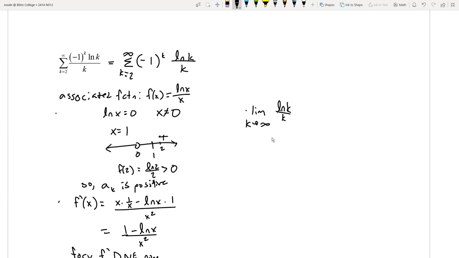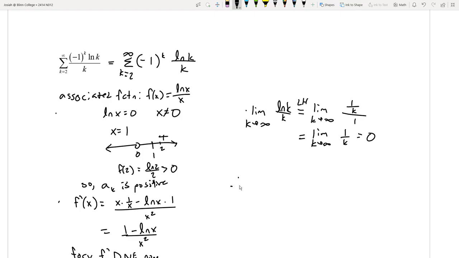So we need to figure out then what exactly is going to happen here. We've got infinity over infinity. Let's go ahead and use L'Hopital's rule. When we do that, take the derivative of the numerator, we get 1 over k. And for the denominator, we get 1. The limit as k tends to infinity of 1 over k, well, we've seen that already. That's 0. So we've gotten all 3 components.